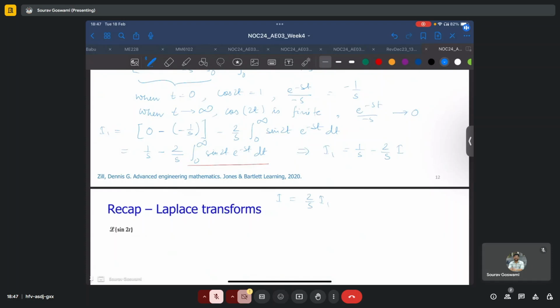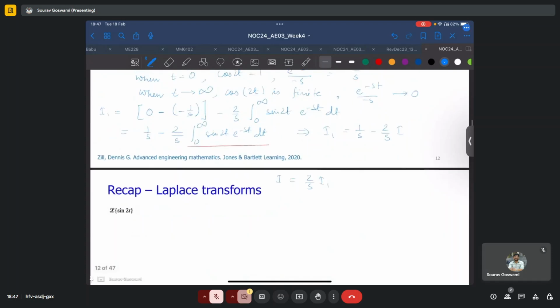Let us substitute the value of I1 here, and then we will have an equation in I, which hopefully we can solve and finally find the Laplace transform for this function sin 2t.